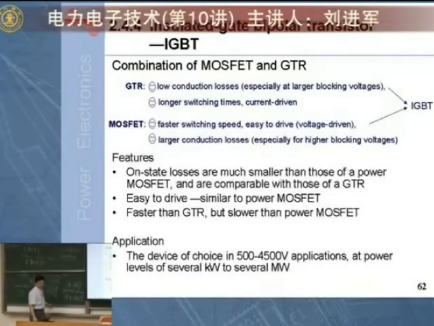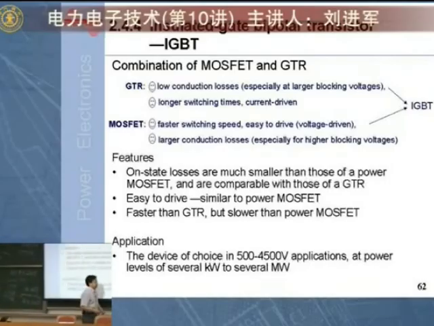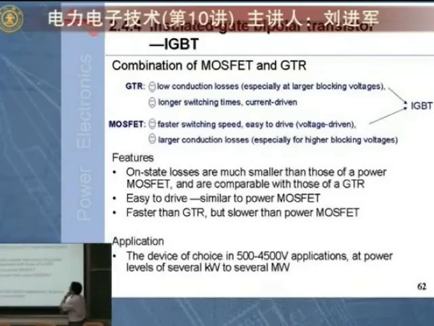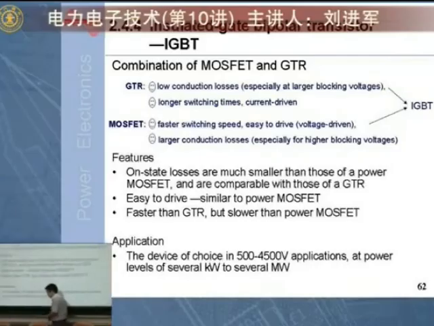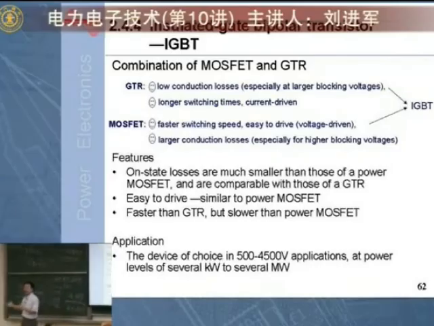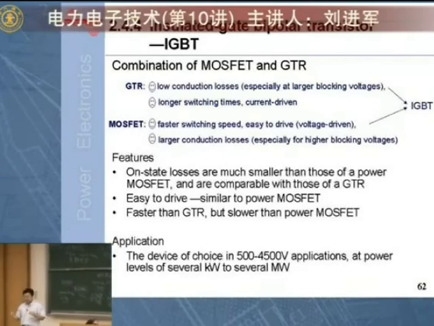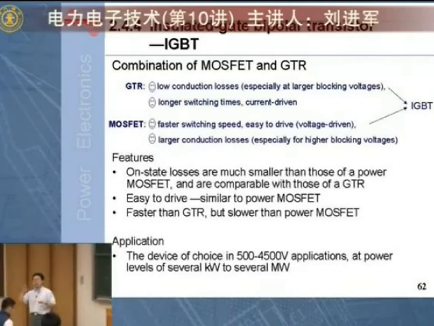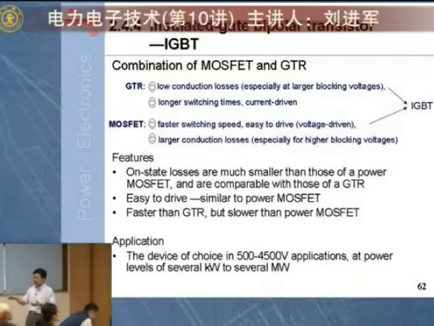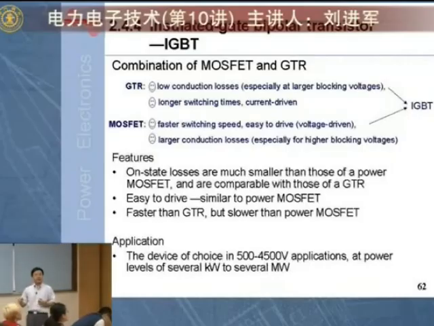All right. IGBT. That's the last device we want to talk about. This is the combination of MOSFET and GTR. This idea of coming out with a new device is really when people started to look at GTR and power MOSFET. GTR is good because you have conductivity modulation.